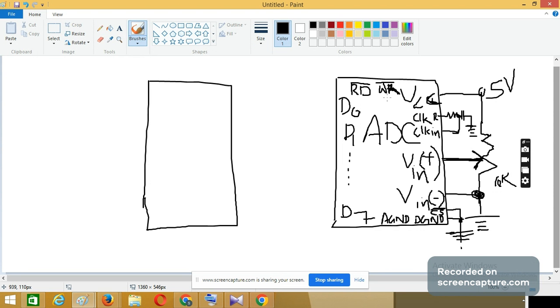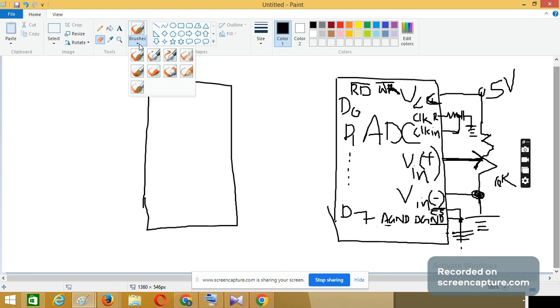Once the conversion is over, there is a control signal which informs the microcontroller that conversion is over. The name of that signal pin is INTR bar.